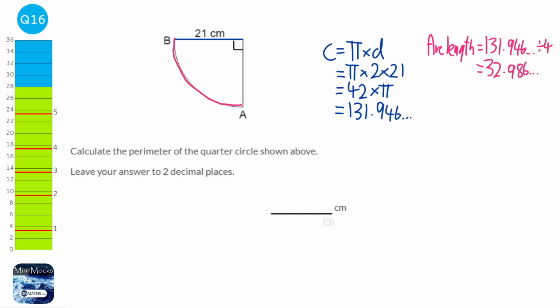32.986 and so on. Now that's not what the perimeter is. Perimeter is the total distance around the shape. So we've also got to add on the 2 radii here to get the full distance around. So the perimeter is going to be the arc length plus a radius plus a radius.